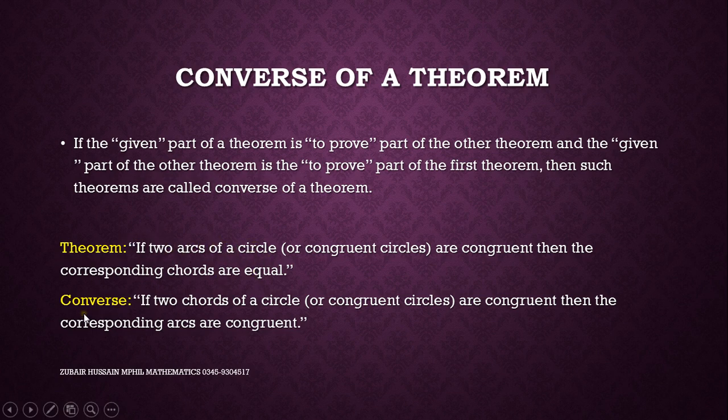So the converse of this theorem is: if two chords of a circle are congruent, then the corresponding arcs are congruent. So this is about the converse of a theorem.